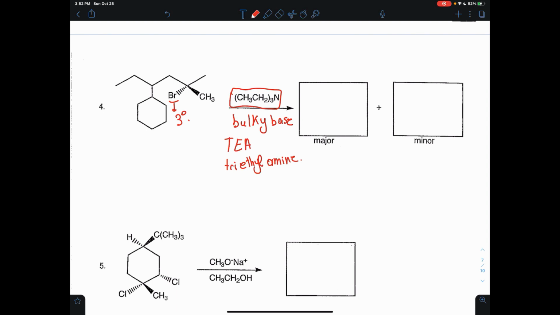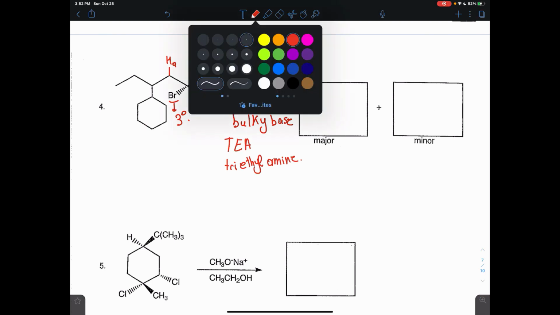So what's going to happen is that this nitrogen with the lone pair is going to come in and grab the adjacent hydrogen. But remember, when we're talking about a bulky base, the major product is always going to be the one that is less substituted. The reason why is, let's pretend you have those 2 hydrogens. Call this hydrogen A and hydrogen B. This is a bulky base.